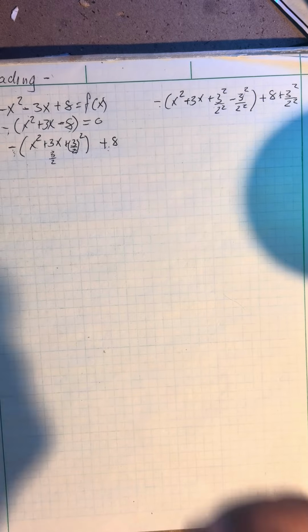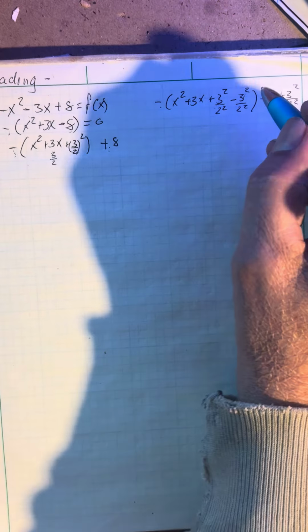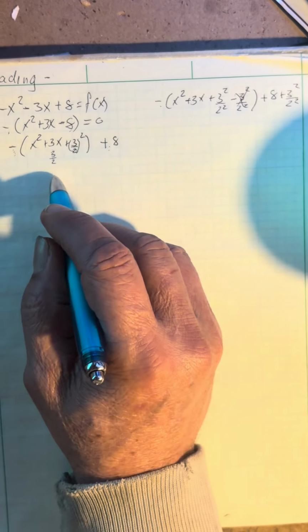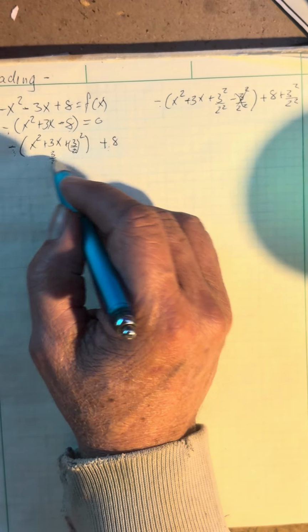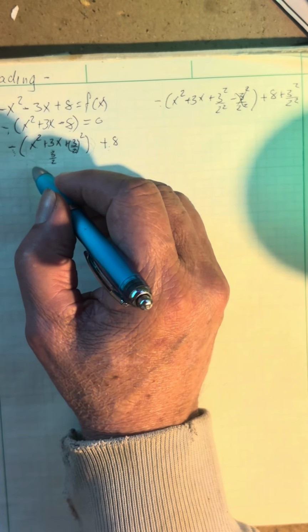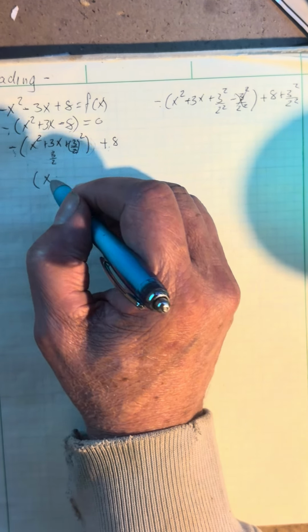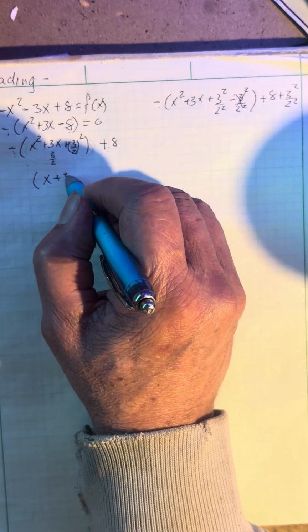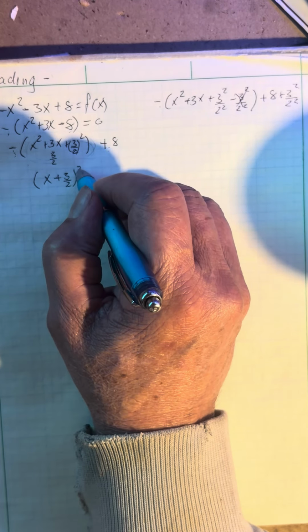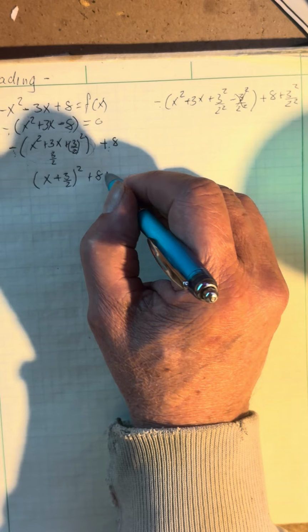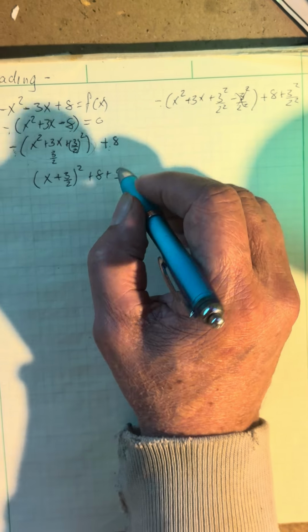And that's it. Now we can eliminate this. This is a perfect square now, so we write the binomial: x plus 3 halves squared plus 8 plus 9 divided by 4.